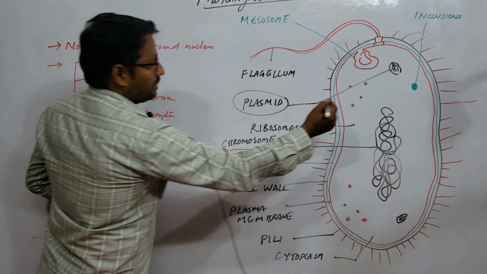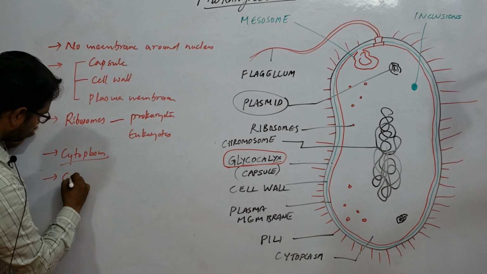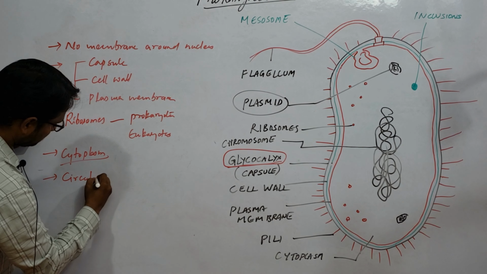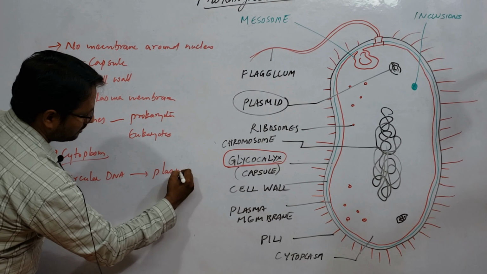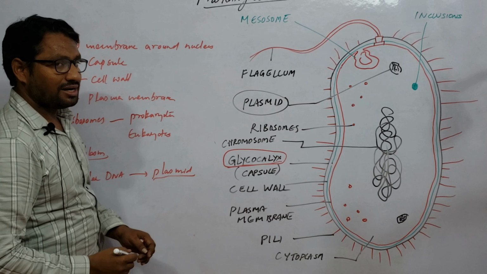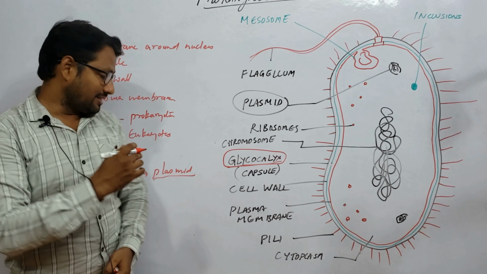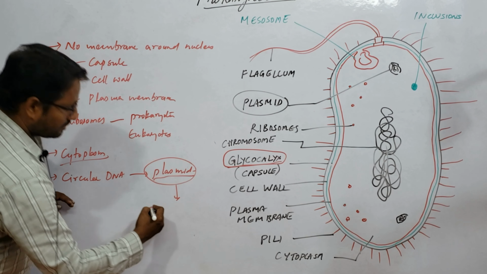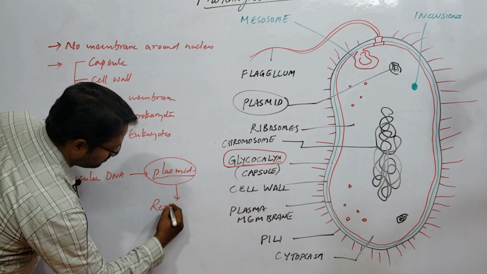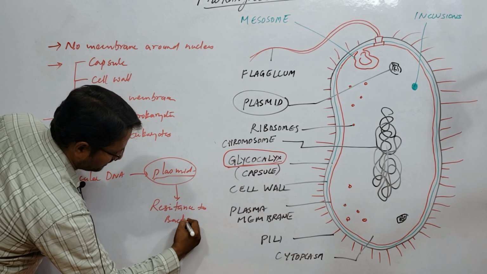And you can see here circular DNA, which are called plasmids. Plasmids provide a phenotypic character to the bacteria, such as resistance.